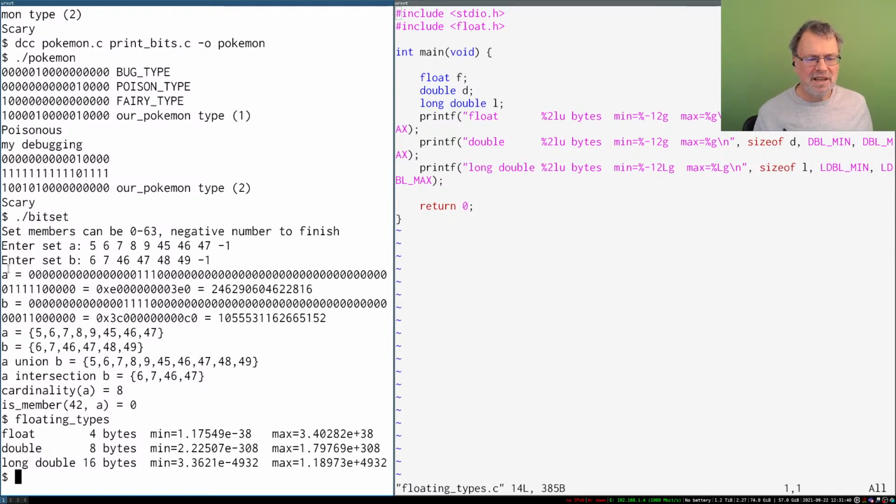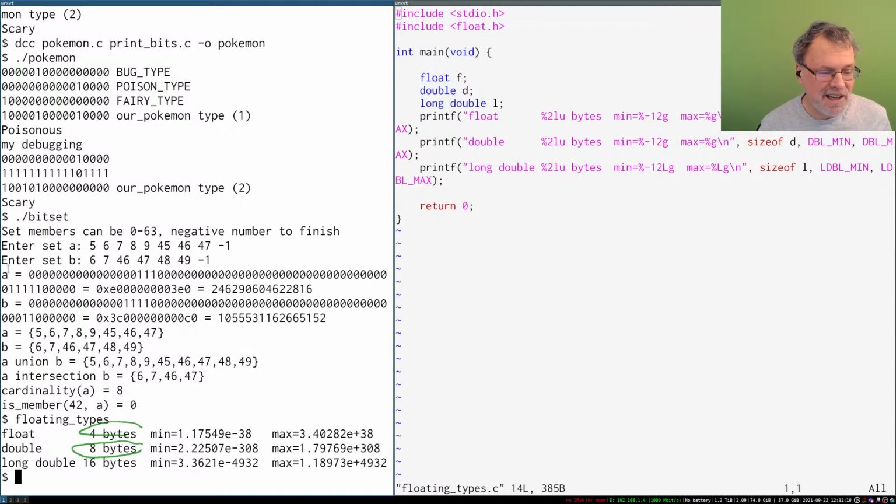There we go. So there's some useful information about three types. A float on this platform is using 4 bytes. A double is using 8 bytes. Now, I went on and on again about how you can't really count on an int being 4 bytes, and these things can vary. There's almost no variation in float and double. It's a rare platform where they're other than 4 bytes or 8 bytes.